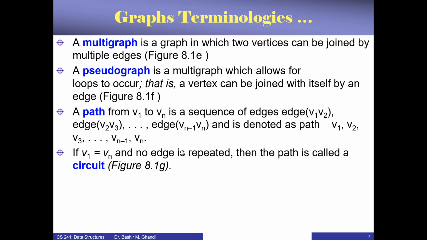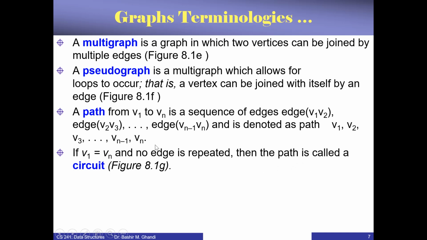Now, if in a path the starting vertex turns out to be the same as the ending vertex, and no edge is repeated in the sequence, then the path is called a circuit.